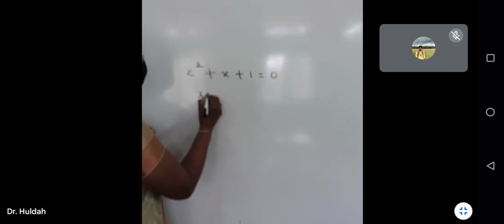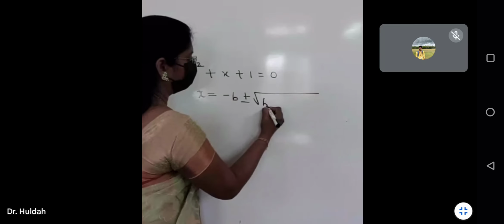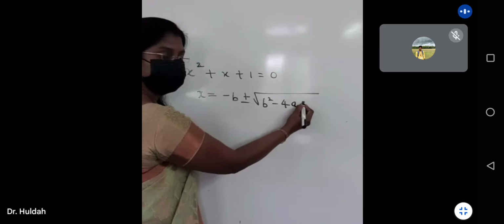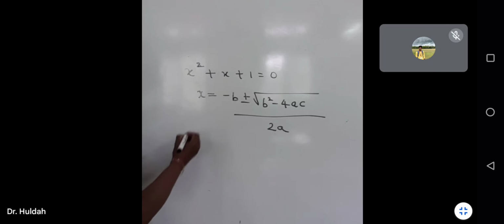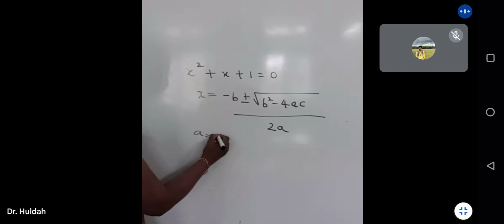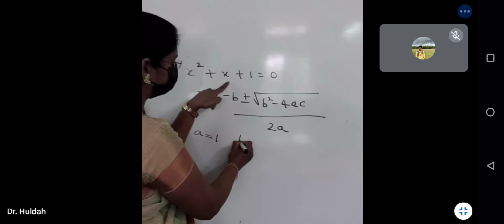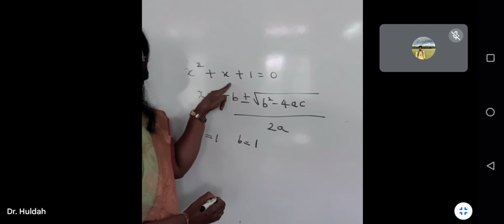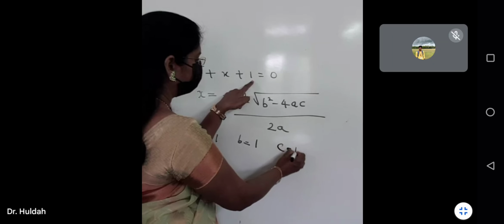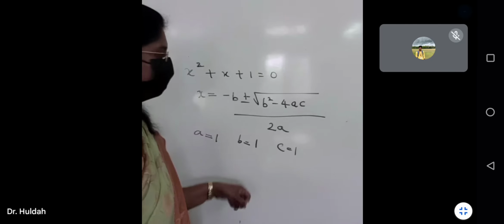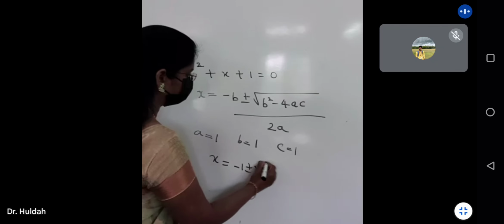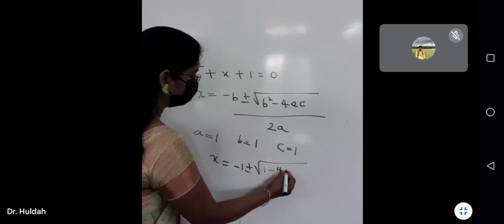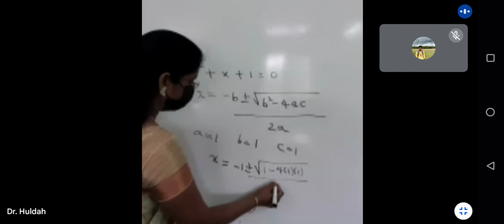So let us use the formula: x equals minus b plus or minus root of b squared minus 4ac, by 2a. My a is 1 here, b is again 1 here, and c is the constant. Everything is 1 in this particular case. So my x will be minus 1 plus or minus root of 1 squared minus 4 into 1 into 1, by 2 into 1.